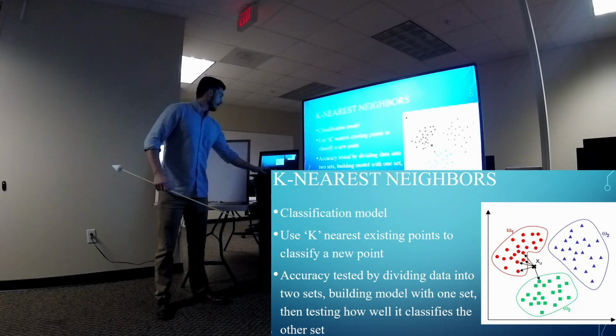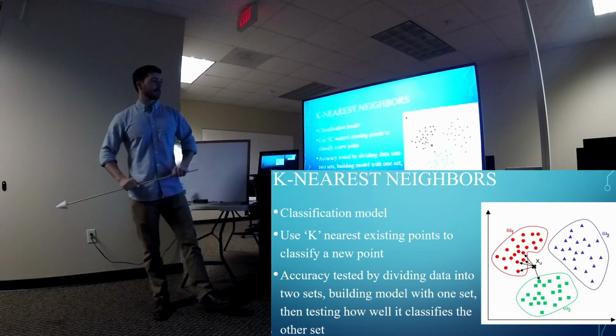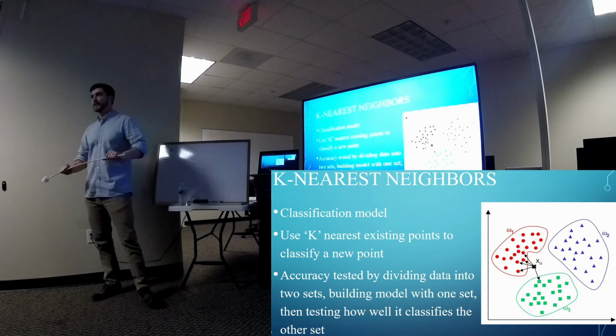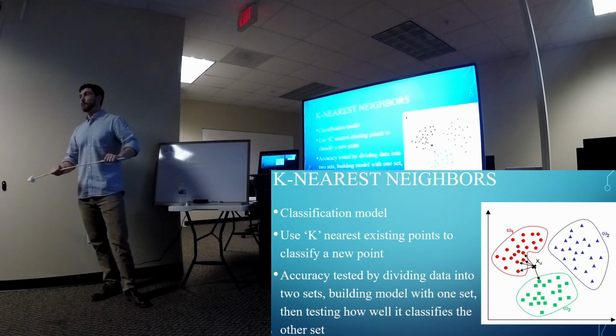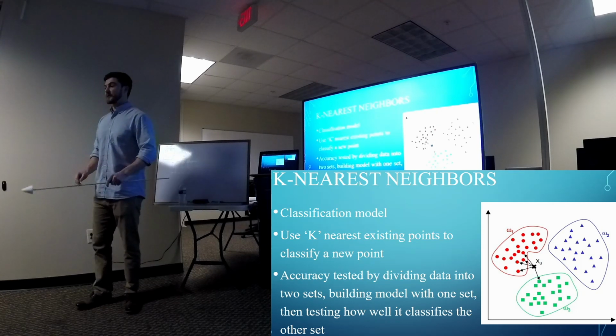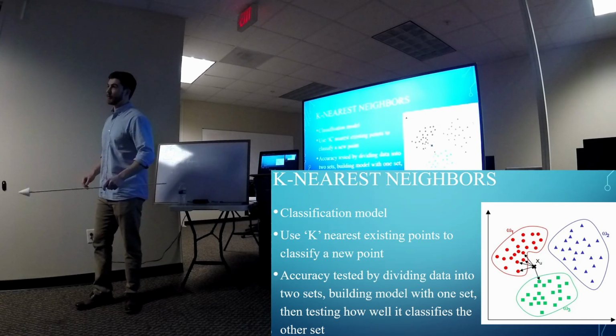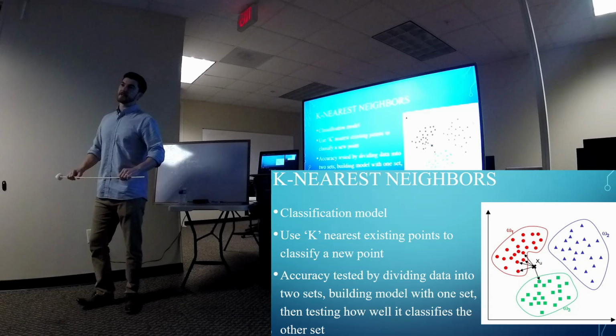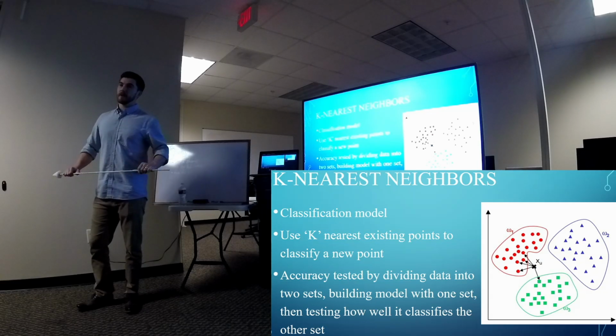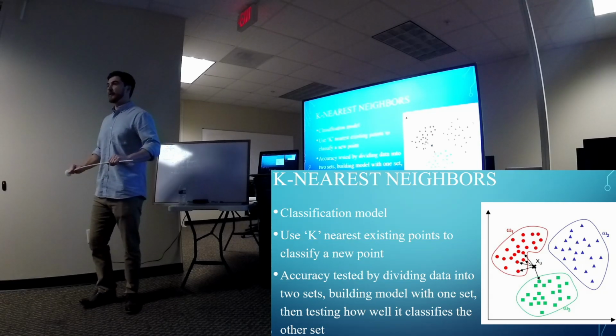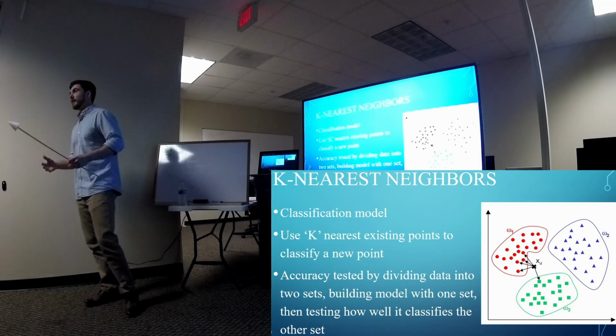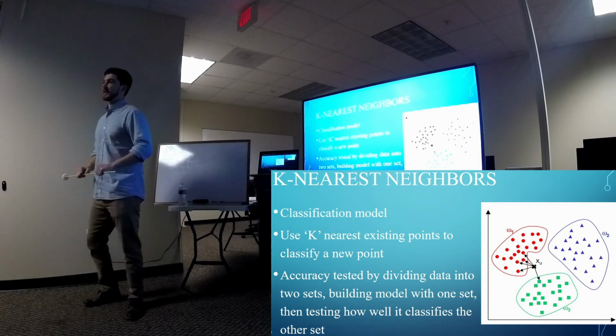All right. And also, the accuracy for this is calculated a little bit differently than linear regression. Linear regression is a little bit unique in that you can use all the points to calculate the accuracy, whereas for this model and every other model, you have to split up your data. You have to shuffle your data and then split it up into a training and testing set.